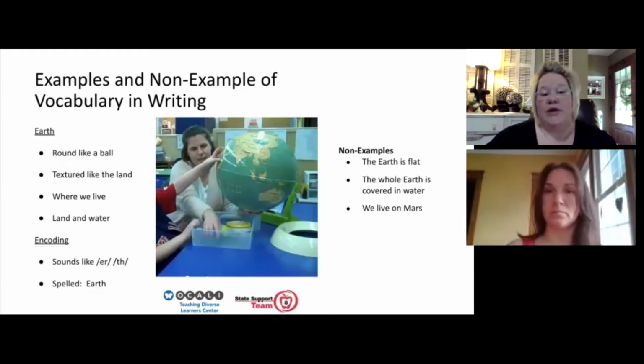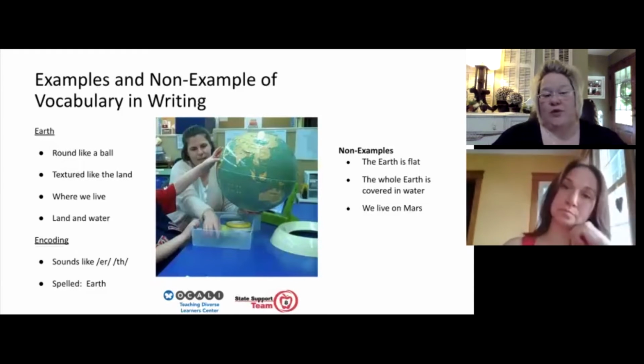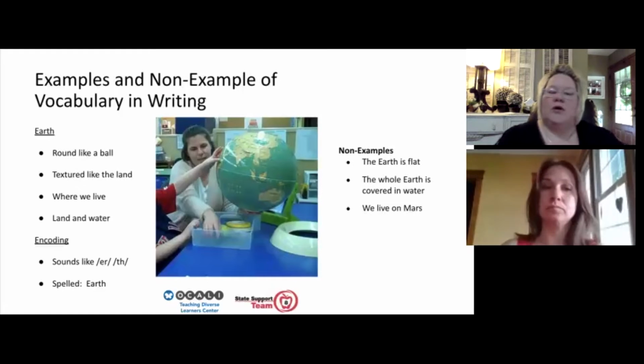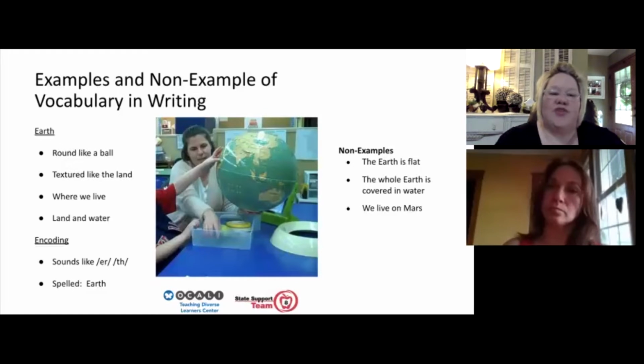Now, if we are going to use the term Earth, not only do we need the word itself, but if the writing is required, the spelling of the word Earth is required in our writing, we also need to know how to spell it. So we need to know how to pronounce it or say that word. We need to know the parts of the word when we pronounce it. So earth.